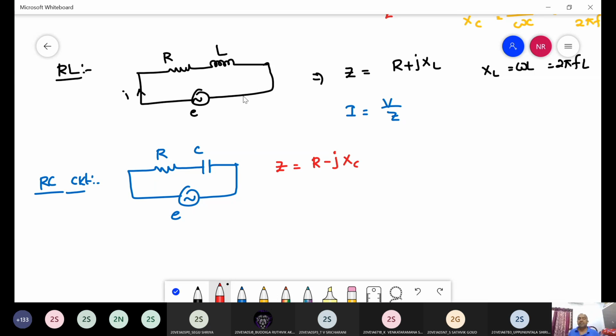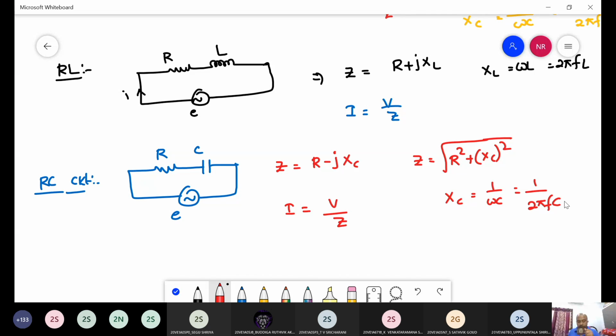Because of the nature of the inductor it is a plus, here the capacitor is the minus. Right? To get the magnitude, Z is equal to under root of R square plus XC square only. Then here also I is equal to V by Z. XC is equal to 1 by omega C, and that is 1 by 2 pi FC.